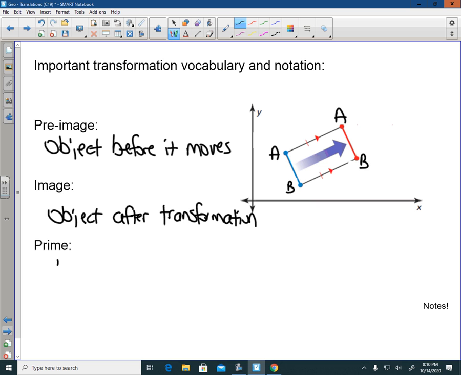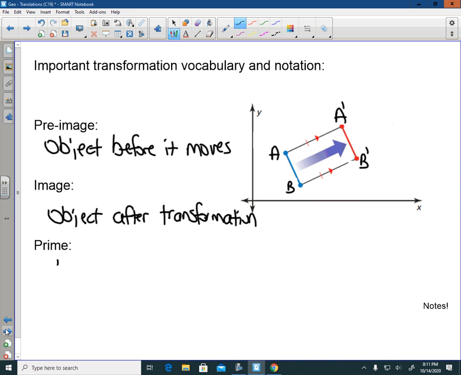We want to be able to tell that it moved, though. And so what we do is we add on these little apostrophes, and they're called prime. And so segment AB is the preimage, and segment AB prime is the image. Okay? So when you have an object after it has been transformed, it'll have those little primes on it.